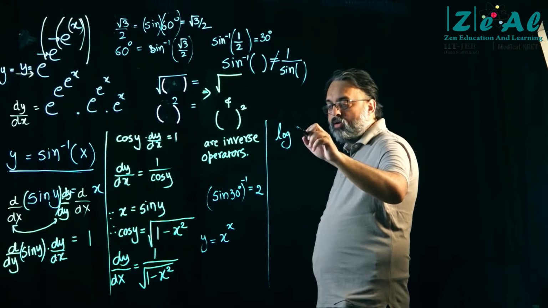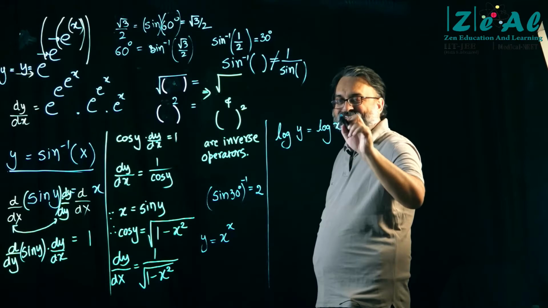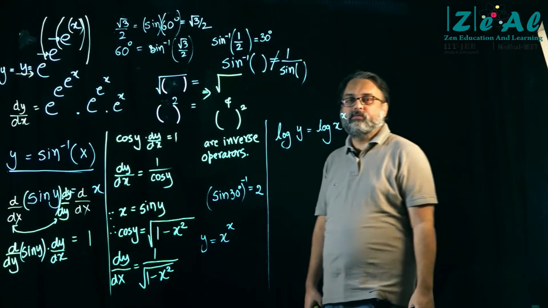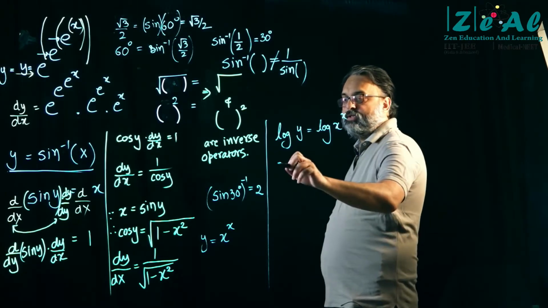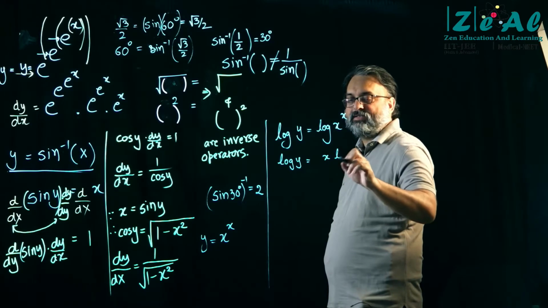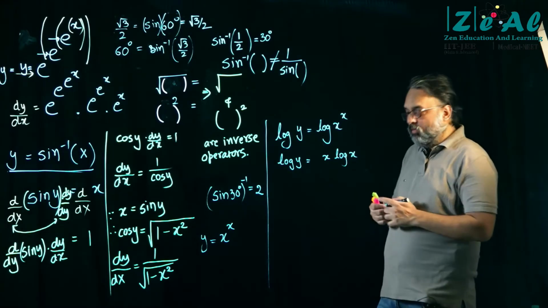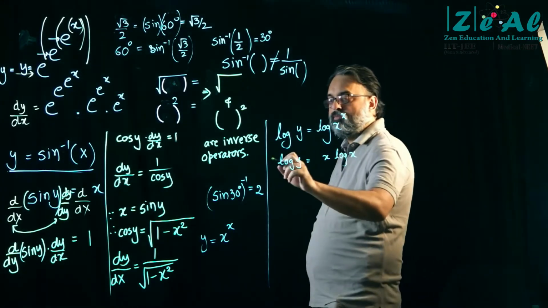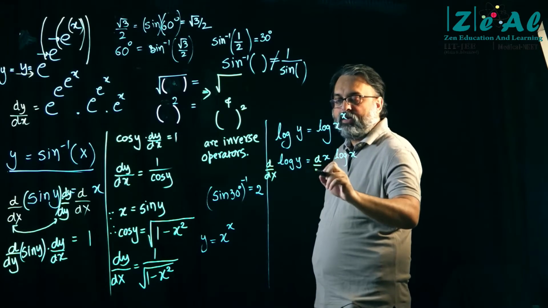So log of y is equal to log of x raised to the power x. And I hope you remember from the last-to-last class that this will reduce to log y is equal to x log x. And now we will just apply d by dx here and d by dx here.